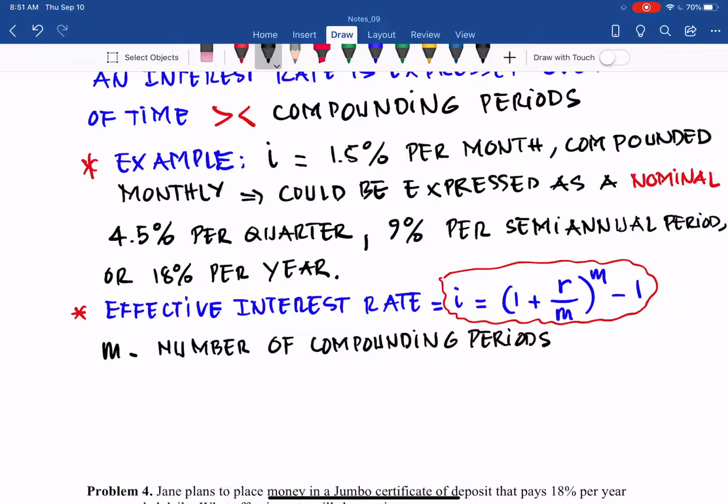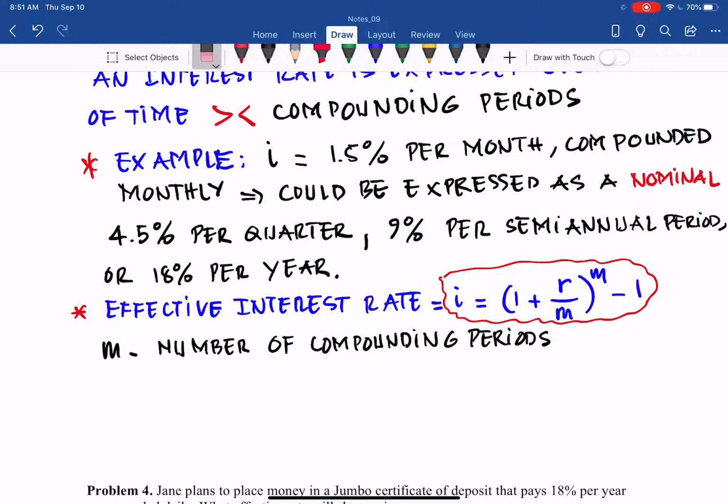For example, for a quarter, if the rate is 1.5% per month compounded monthly, the number of compounding periods is 3 months. For a semi-annual period compounded monthly, with a nominal rate of 9% per semi-annual period, it is 6 months for the compounding periods.